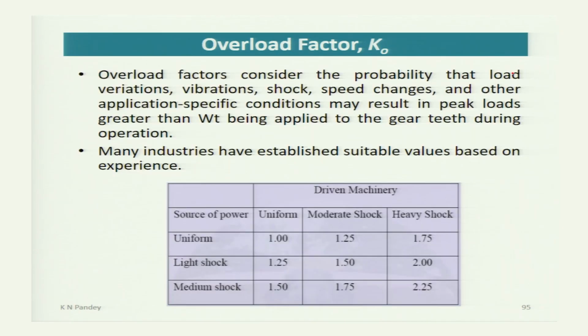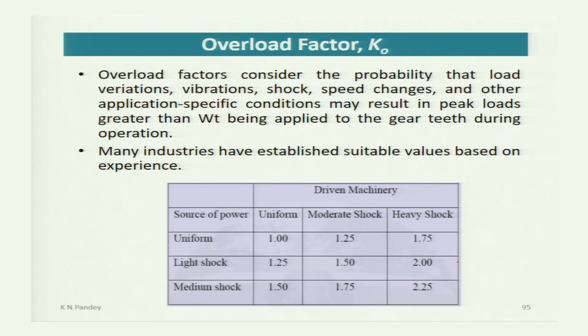Now the overload factor. The overload factor considers the probability that load variations, vibrations, shock, speed changes and other application-specific conditions may result in peak loads greater than the transmitted load Wt being applied to the gear tooth during operation.